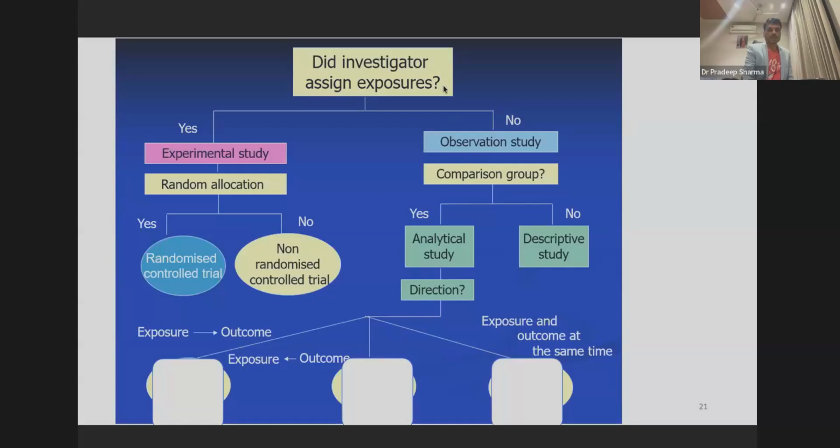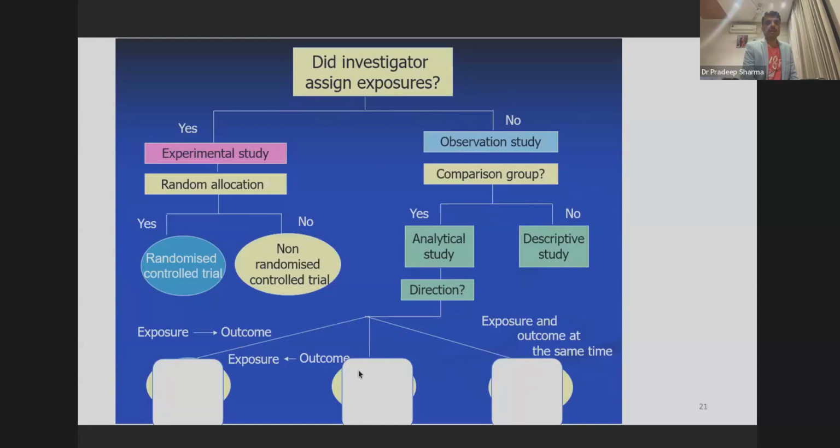Study design, no exposure. So observation, the exposure was not assigned by the investigator, it was natural. So you have comparison group, if no, descriptive study, if yes, analytical, and if the exposure and outcome are at the same time, this is called what study design?